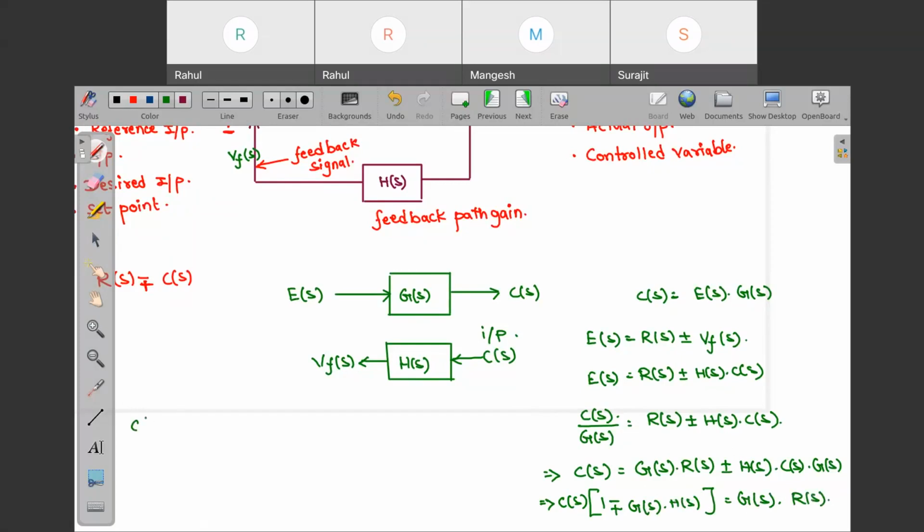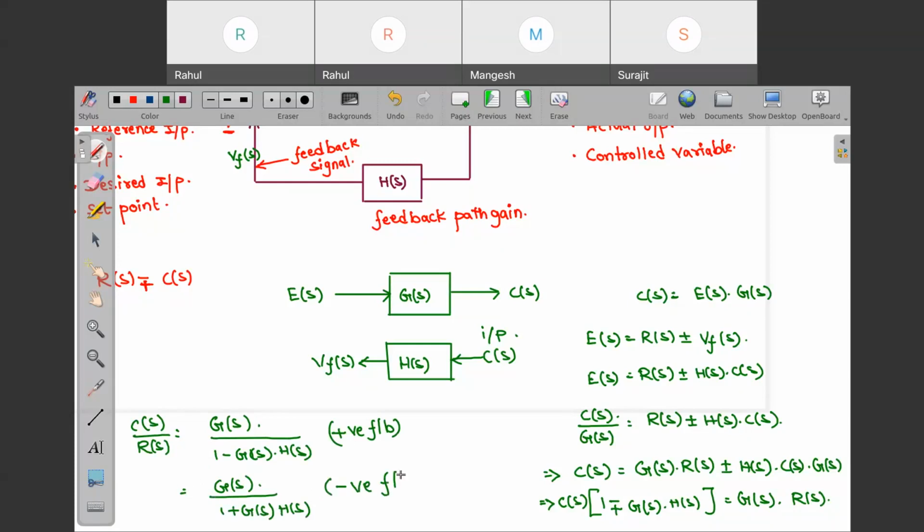So now C(s)/R(s) is equal to G(s) divided by 1 minus G(s)H(s) for your positive feedback, and it becomes G(s) over 1 plus G(s)H(s) for your negative feedback.